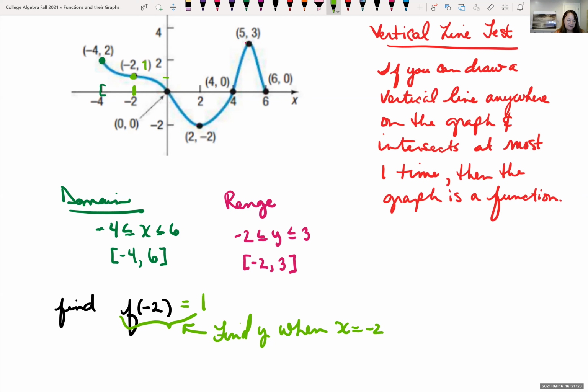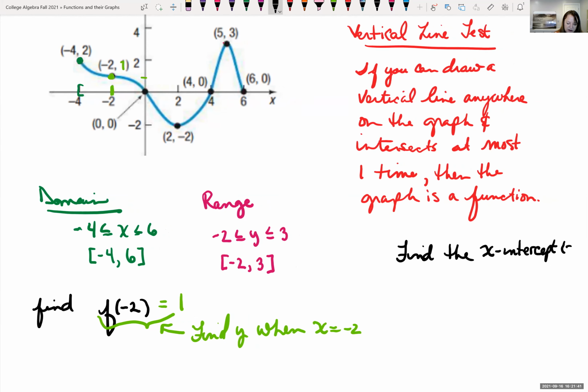You should be able to find intercepts by looking at a graph. So if it says, what are the x-intercepts? Let's find the x-intercepts. These are spots where the graph is touching or crossing the x-axis.